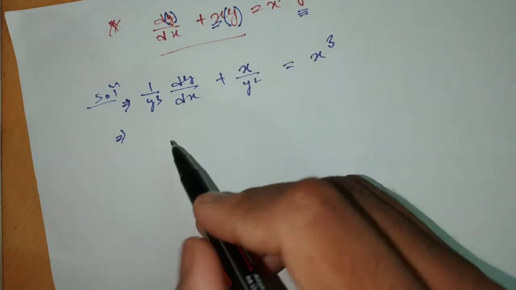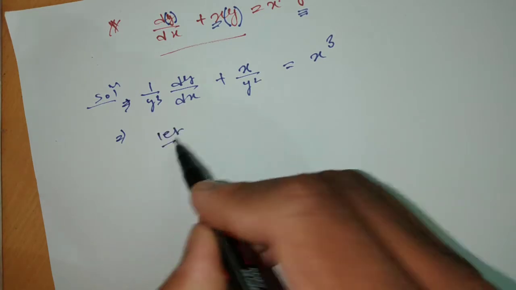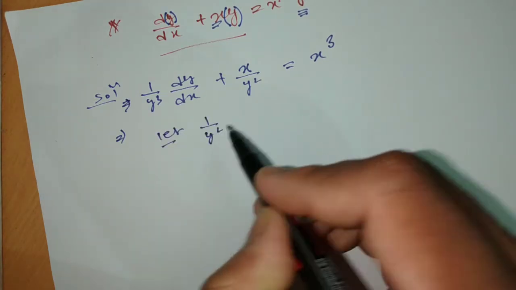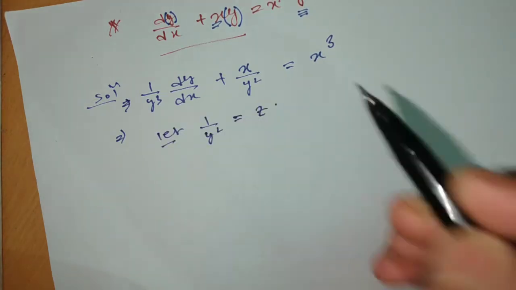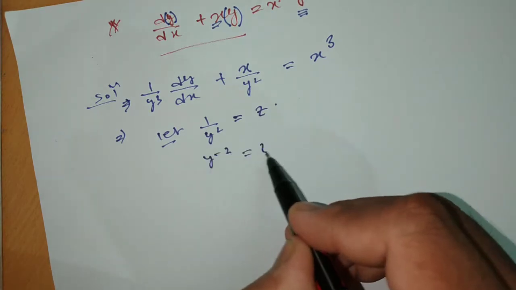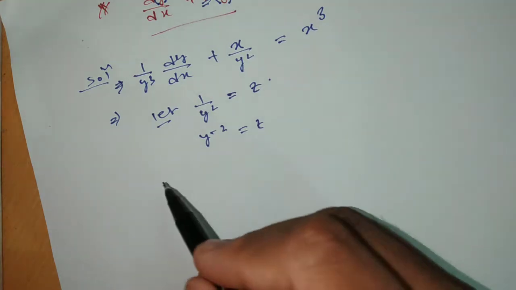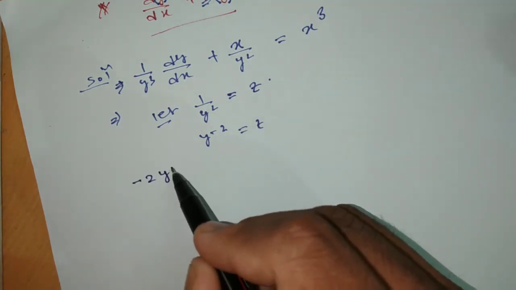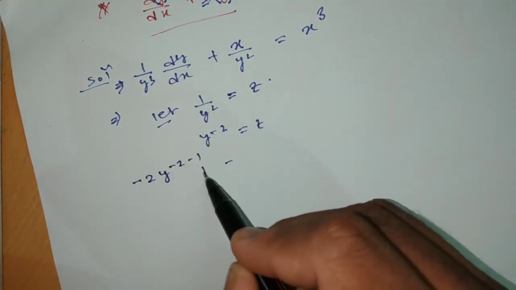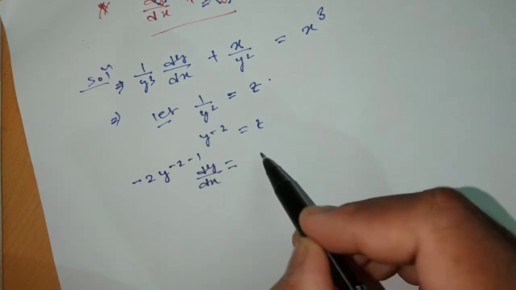Now let 1 by y square equal z, that is y to the power minus 2 equals z. If you differentiate this with respect to x on both the sides, you get minus 2 y to the power minus 2 minus 1 dy dx, equal to dz dx.